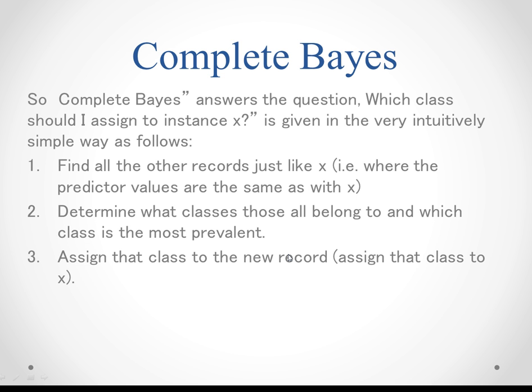How do we build the complete Bayes model? Here's how we do it. Step 1: a new person comes in. Here's our store, here's the door, and somebody's coming in.